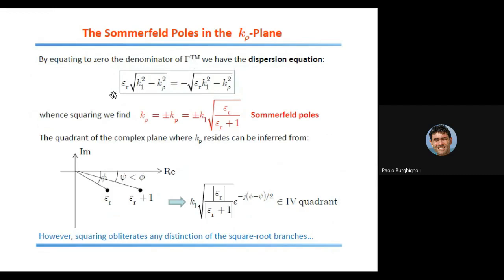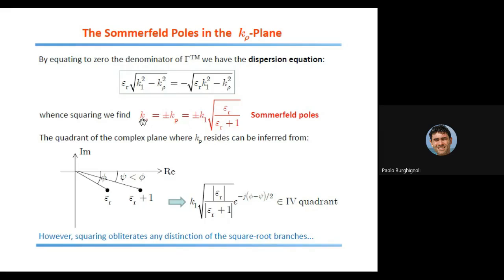Now, the denominator of the reflection coefficient is, as you may know, the dispersion equation for TM waves supported by this configuration, that is the two half spaces, in the absence of any excitation. So if we enforce that the denominator is 0 and we solve with respect to the radial wave number k rho, what we obtain is the wave number of the modes supported by this interface.